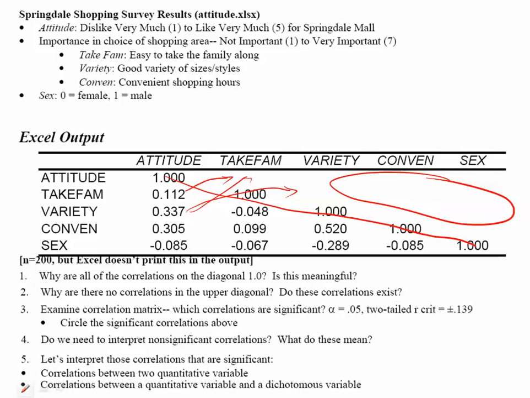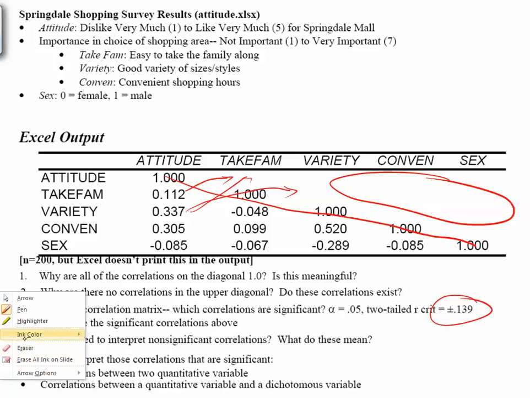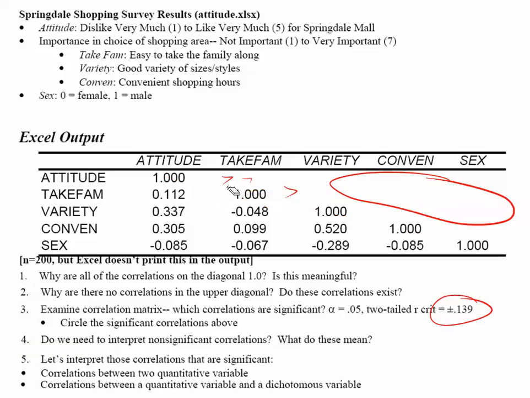Which correlations are significant at the 0.05? Now, at 0.05, given that we have a large data set, the R critical would be 0.139. Let me clean this up just a little bit. So we're looking for any correlation coefficients that are positive and greater than 0.139 or negative and less than negative 0.139.